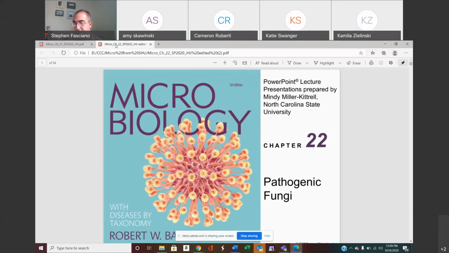Whereas if you outline things, which you did successfully in the first few chapters, it helps you to understand and put these different pathogenic microorganisms into their groups. And that's basically what these two chapters are.